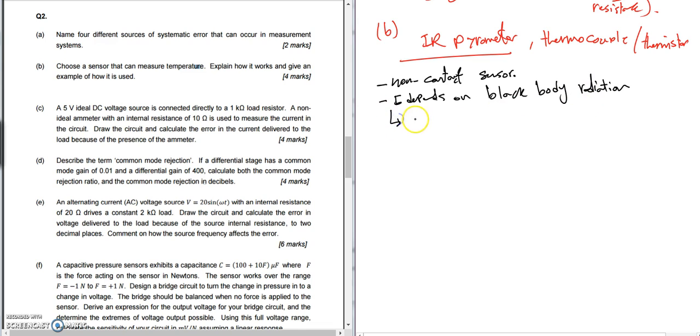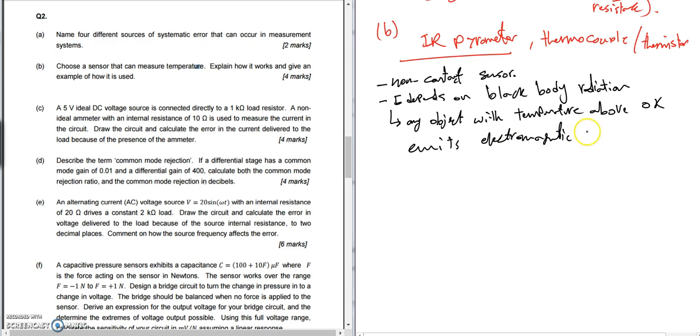which says that any object with a temperature above 0 Kelvin basically emits electromagnetic radiation.